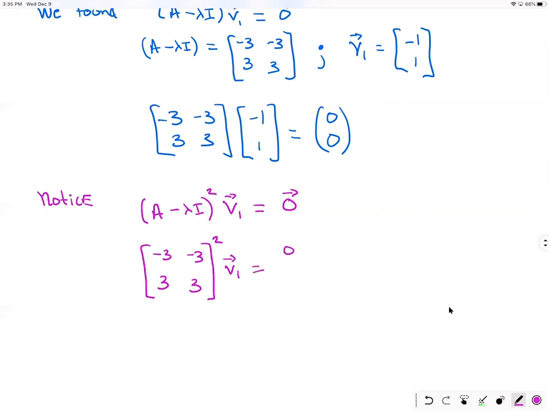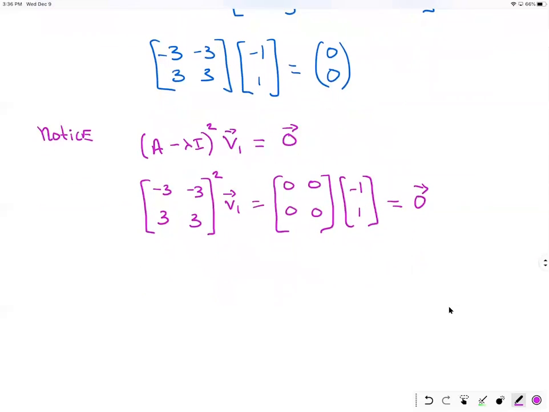I get [[0, 0], [0, 0]] when I square it. Then I multiply that by (-1, 1), so obviously I'm going to have the zero vector.